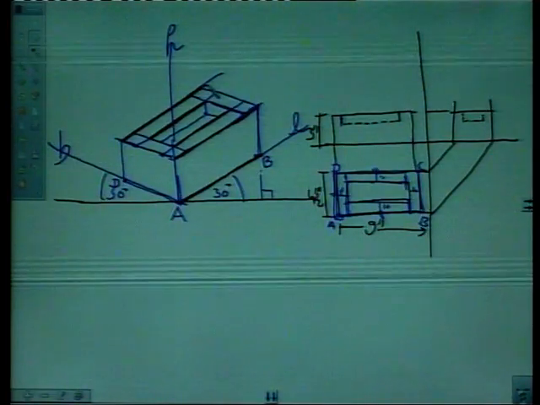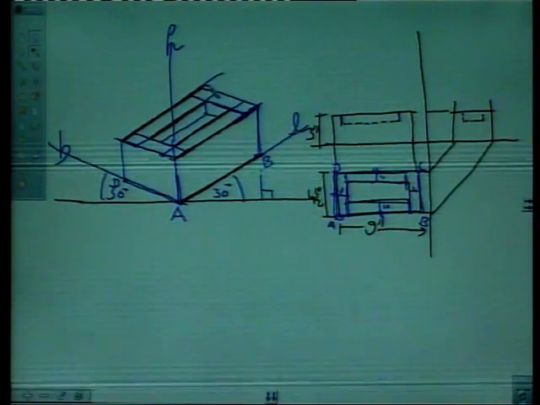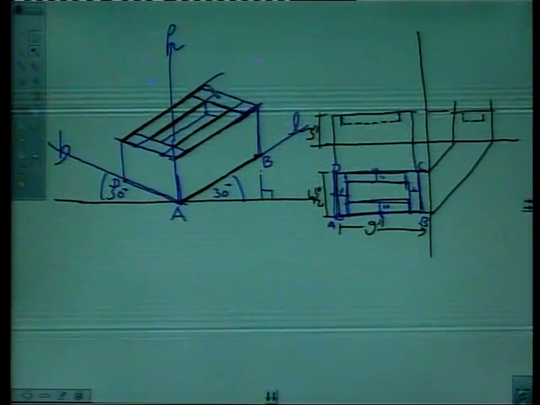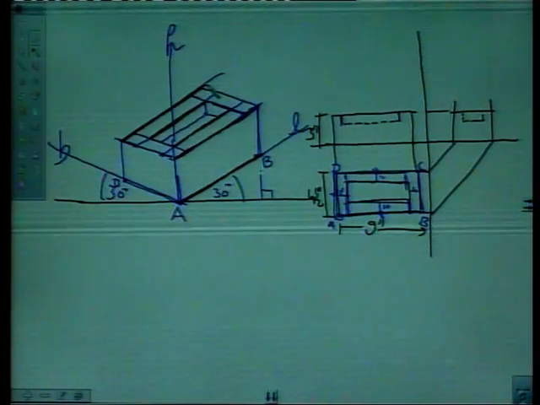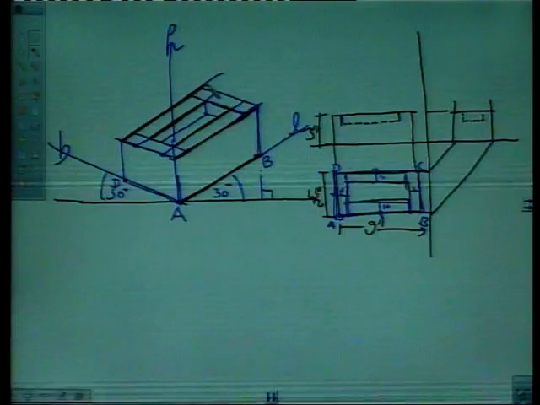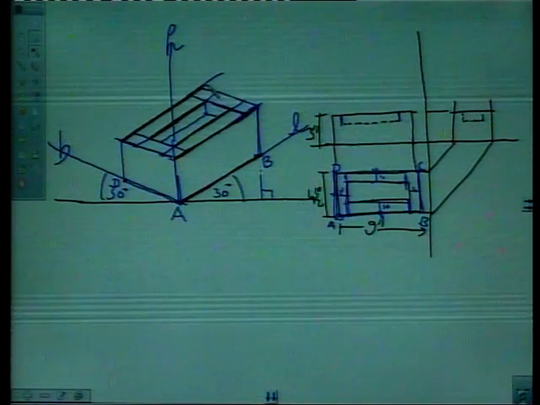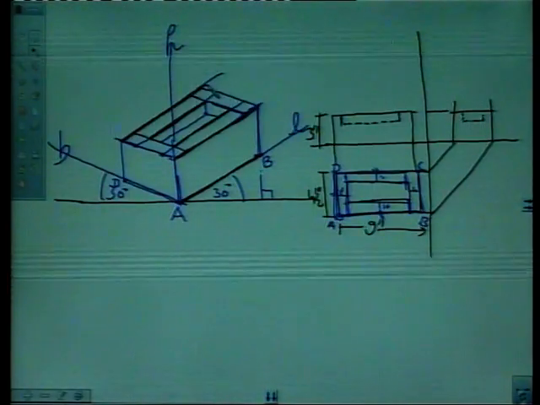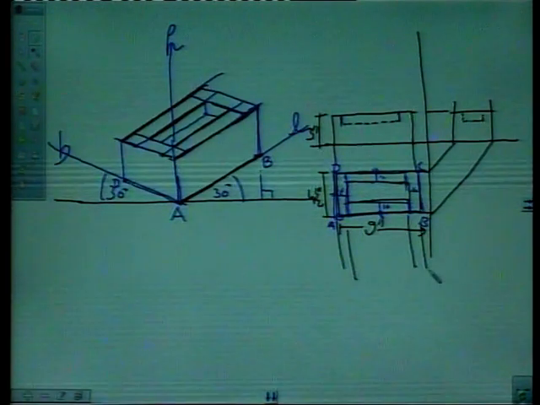Right? These all lines are actually parallel in the object, and in isometrics also these lines are parallel. 1, 2, 3, 4, 5. All these lines are parallel in actual, and in isometrics also they are parallel, right? And the second set of lines is all lines like this, right?